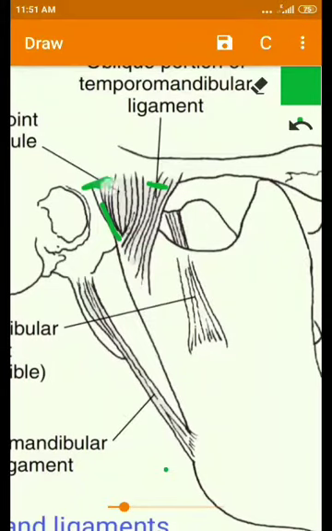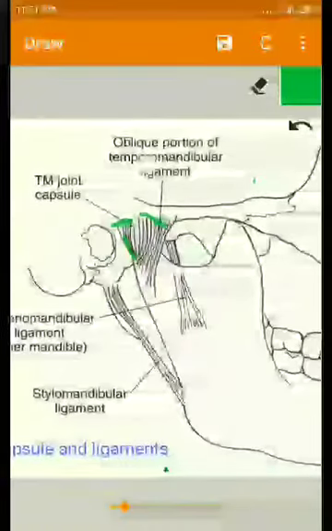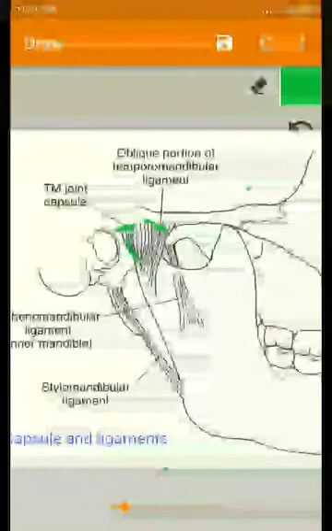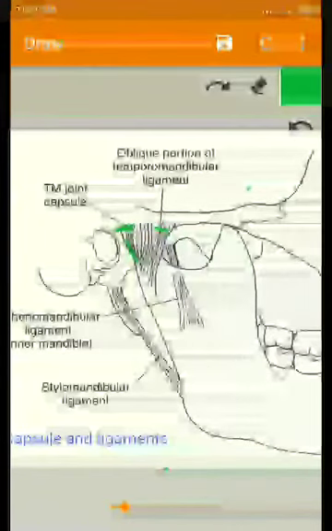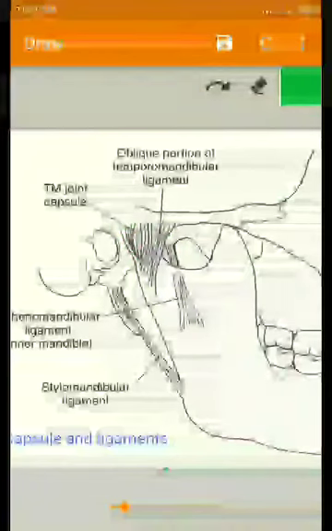It is also attached to the circumference of the glenoid fossa laterally as well as medially. This is the attachment of the capsule. The capsule and disc are also attached to one another anteriorly and posteriorly, which you know.